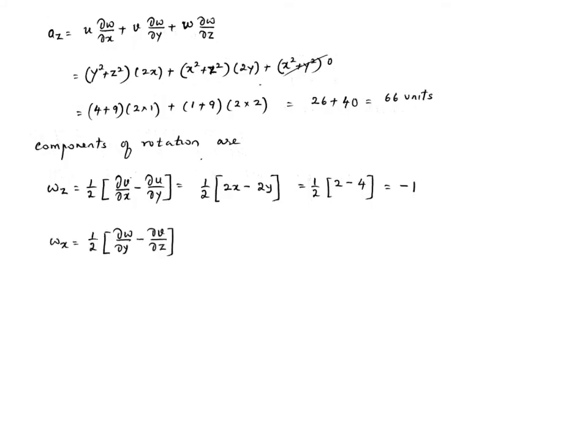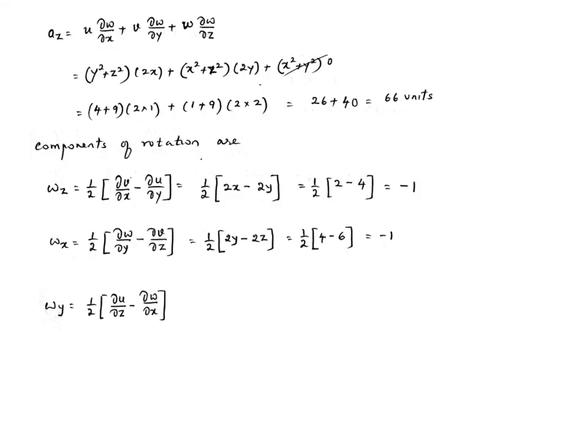Similarly, you can take omega x in cyclic order. Half of (∂w/∂y − ∂v/∂z). We take w and differentiate with respect to y, it will be 2y. Take v and differentiate with respect to z, which will be 2z. Again putting the values, you will get minus 1 as the answer. Write omega y in cyclic order, which is half of (∂u/∂z − ∂w/∂x).